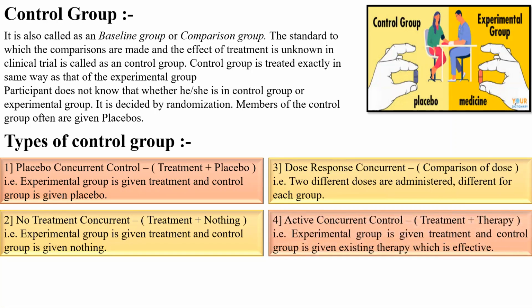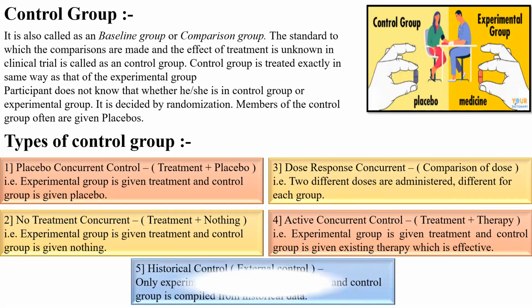Fourth is active concurrent, where the experimental group is given treatment but the control group is given another therapy, to know which therapy is effective. And fifth is historical control, where only the experimental group is given treatment, but the control group is compiled from historical data.